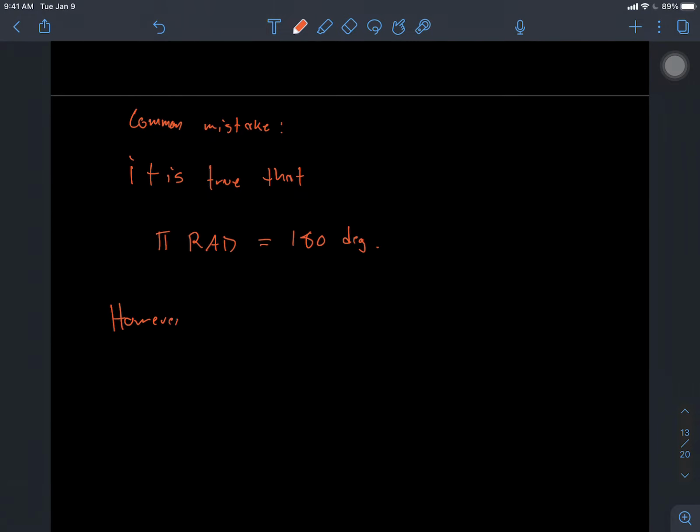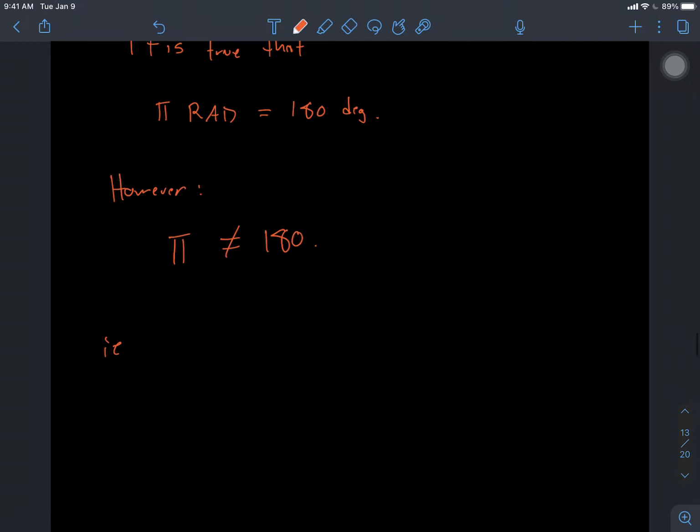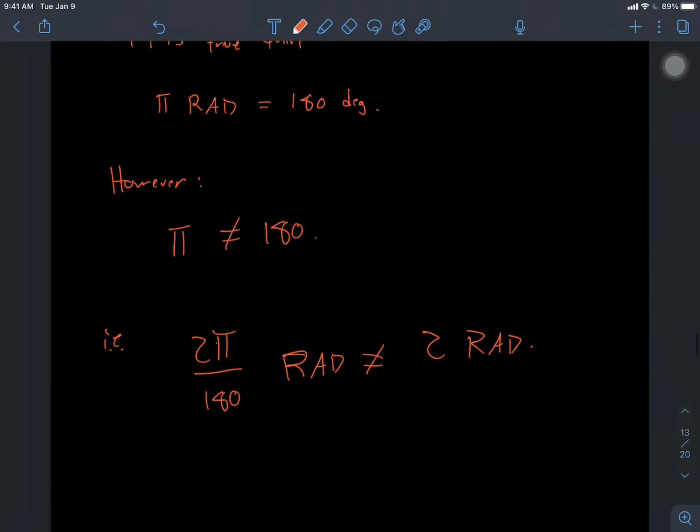However, pi itself is not equal to 180, i.e., 2 pi over 180 radians is not equal to 2 radians. Okay? Because pi here itself, we need to remember, is just a number. Pi is not equal to 180 unless we specify that we're talking about pi radians being equal to 180 degrees. Pi itself is actually a number.